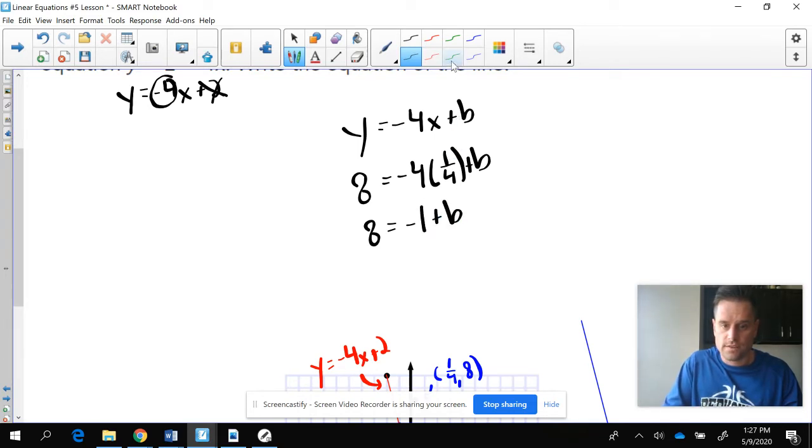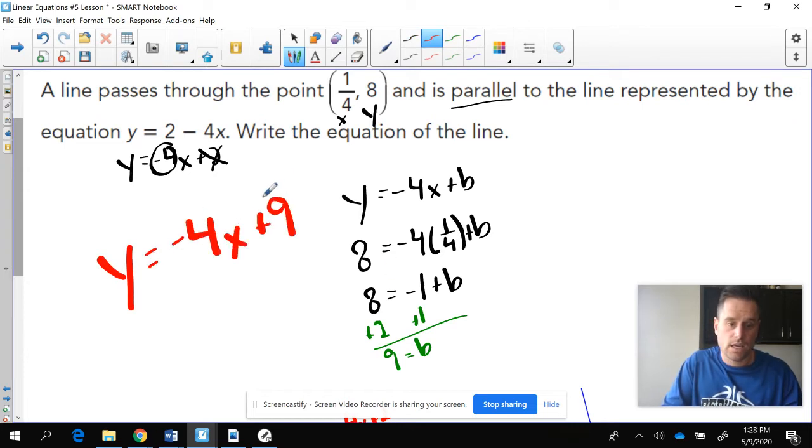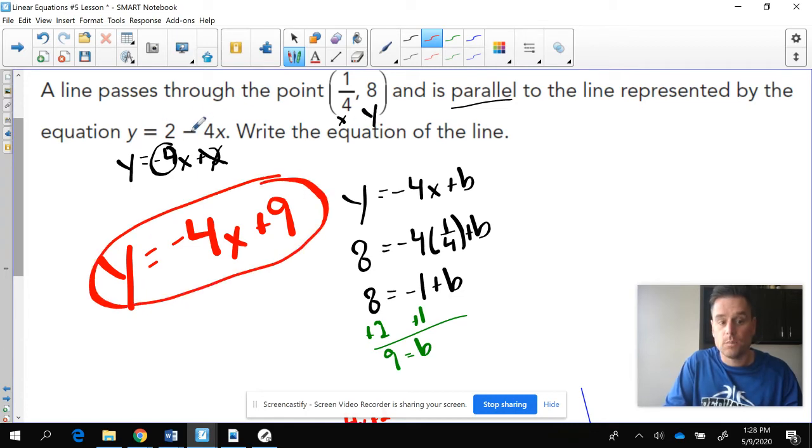And we're going to just add 1 on both sides. And so we have our answer. We know that y equals -4x plus 9. And this is going to be the equation that is parallel to that.